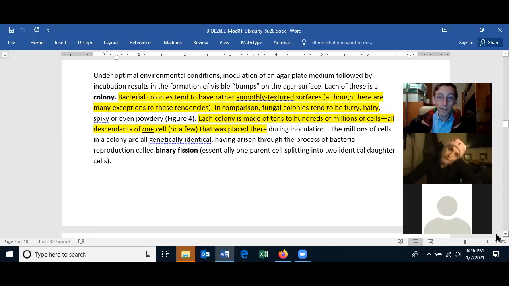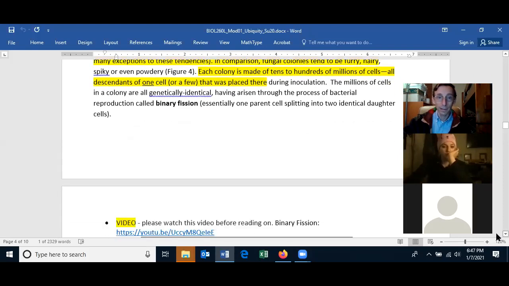Please realize that a colony is made up of tens to hundreds of millions of cells. All of them may be descended from one cell that was initially placed on the agar in the plate. The cell just divided from one cell into 2, into 4, into 8, into 16, eventually a million cells before you got the colony.